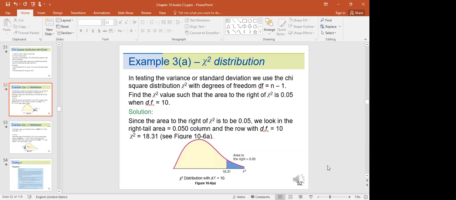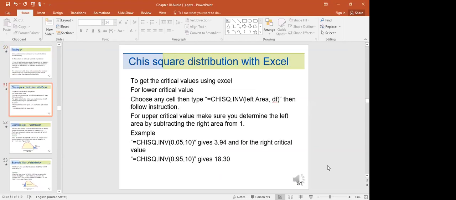Your calculator does not have chi-square inverse. So we will use Excel. I see the reason why I put Excel here.